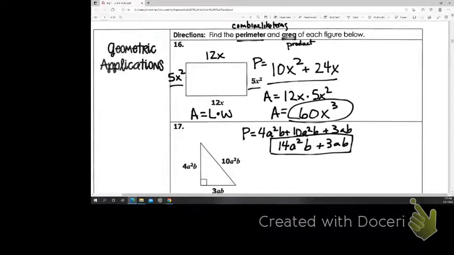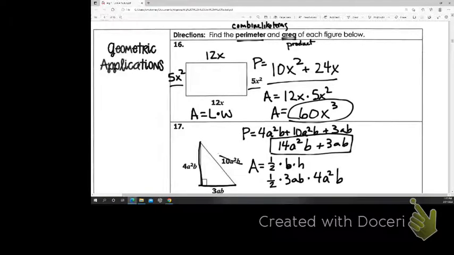And then area for a triangle is half the base times the height. So base and height meet at the right angle. So we do not use this for area. We're going to do half. And it doesn't matter which one I call the base and the height. I don't really like to do half of 3, so I'm going to, in my mind, think of doing half of 4 anyway.